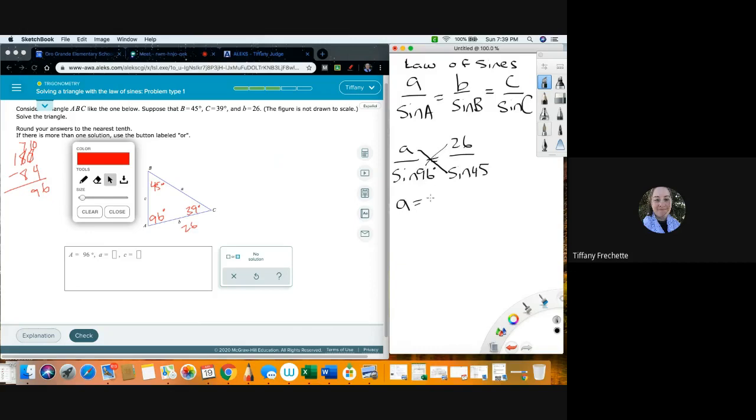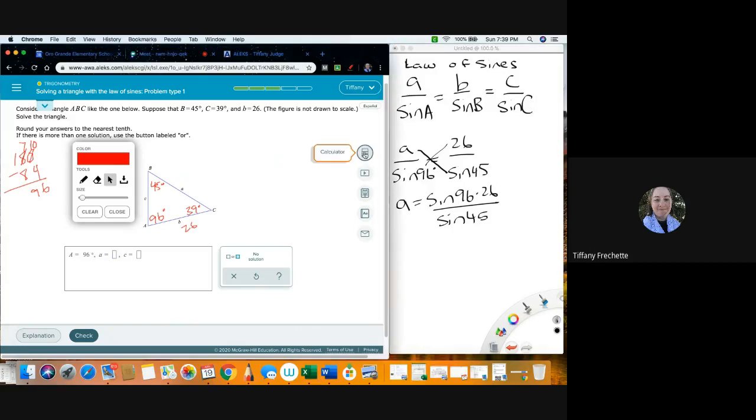So I'm going to kind of skip this step here since this is our last one. So we're going to have sine of 96 times 26, and then we would have ended up dividing by this number here because we multiply, would have been on this side we have to divide. So hopefully that's not too much. You can always go back and rewatch how I did that on the other ones, but I'm just skipping that simplification step there.